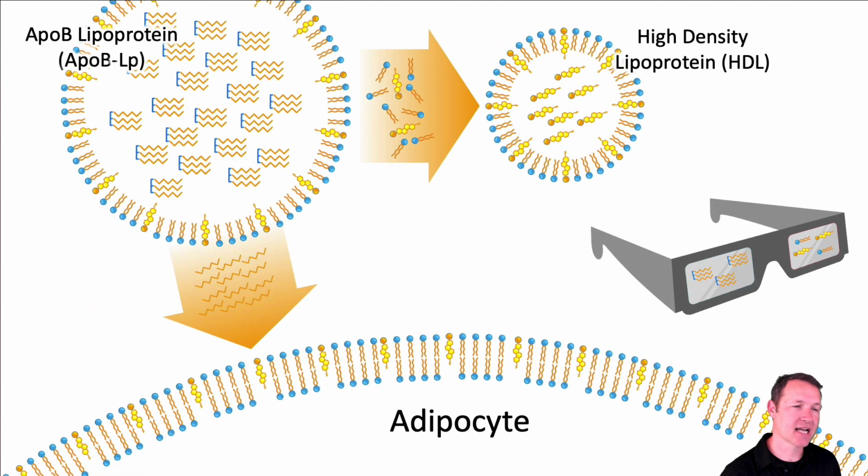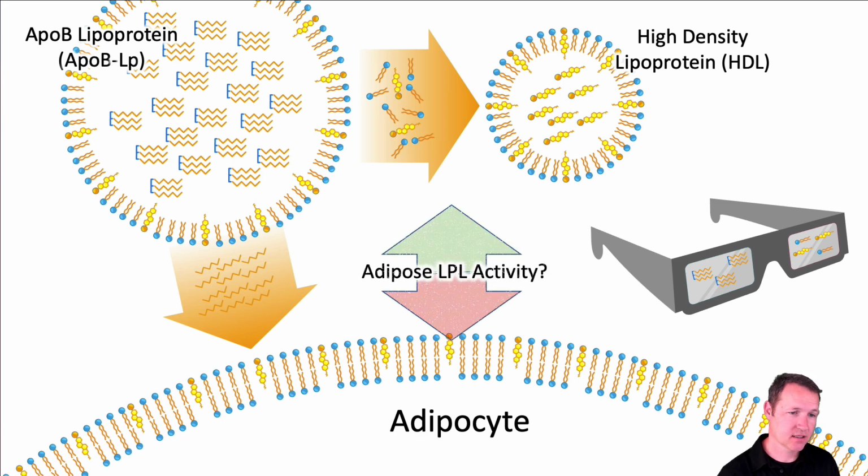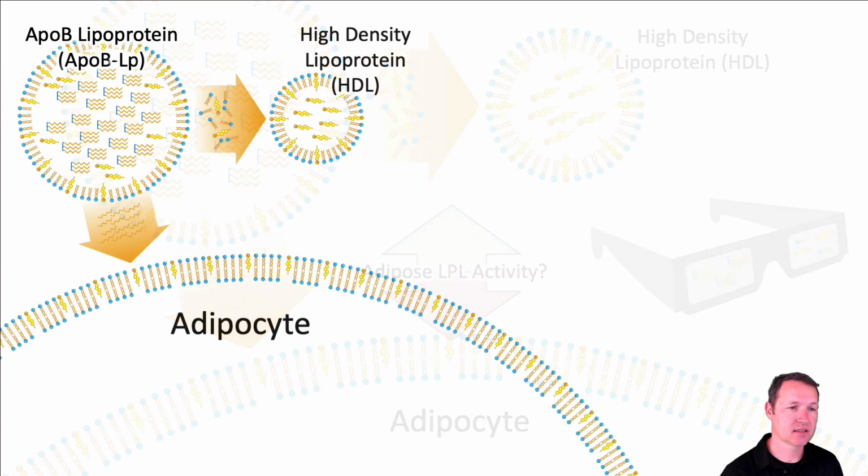So let's put the glasses back on again. And let's really focus on these three elements. On ApoB lipoproteins, that includes VLDLs and LDLs and so forth, and high density lipoproteins, and their relationship with adipocytes, and in particular, this relationship with adipose LPL activity, lipoprotein lipase, as it plays into this.